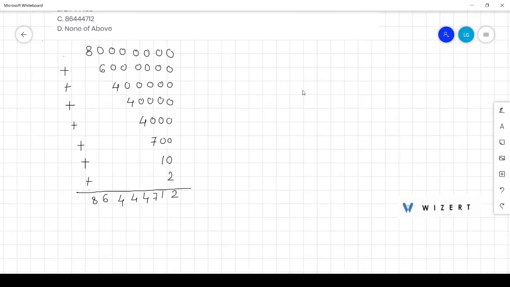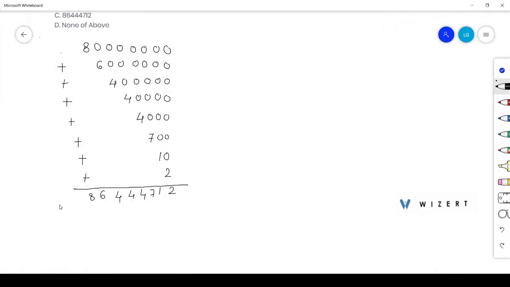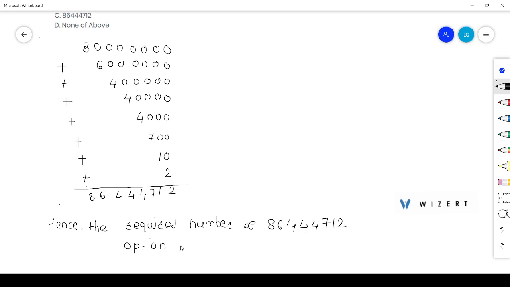Hence, the required number will be 86,444,712. So our correct option is option C.